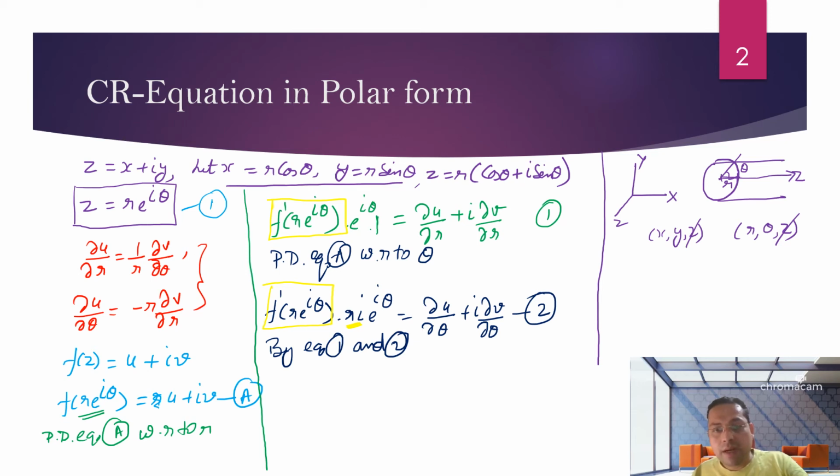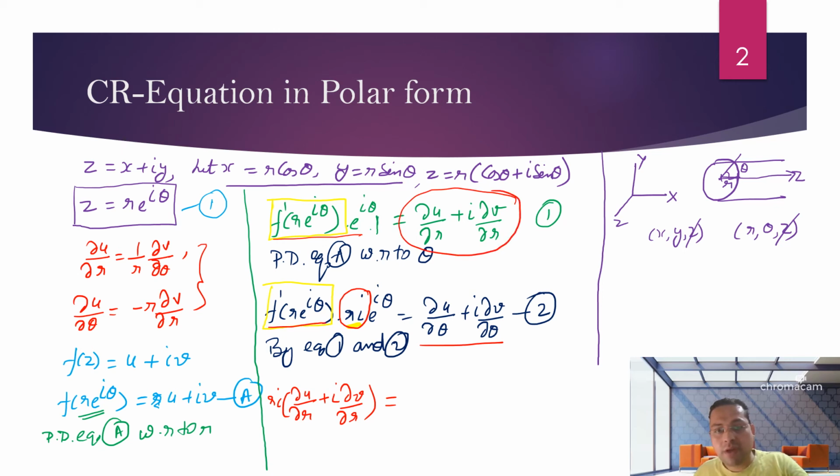That means we will have r iota into (del u over del r plus iota del v over del r) is equal to this term, because we are replacing this complete value from equation 1 in equation 2.